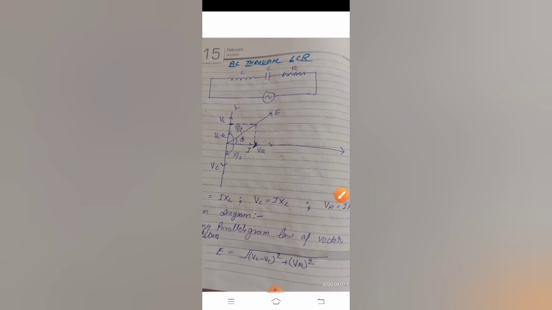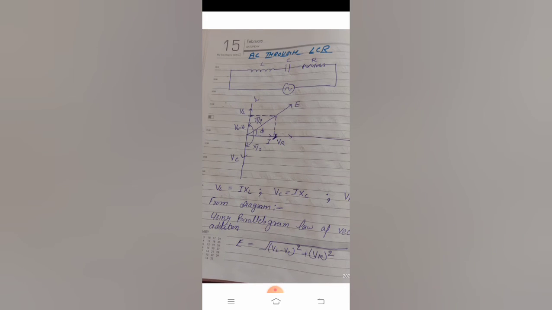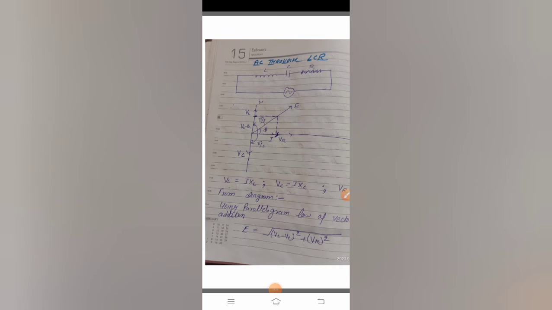As VL is greater than VC, we have cut from this point up to this point, VL minus VC. Then we have completed this parallelogram, where phi is the phase angle. We can change this according to us. Now you can write what we know according to Ohm's law: V is equal to IR.